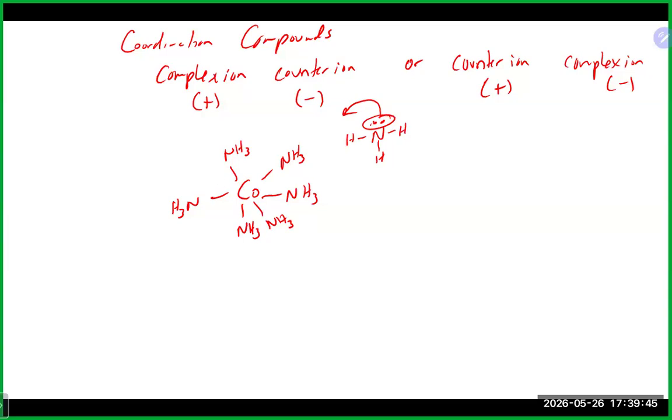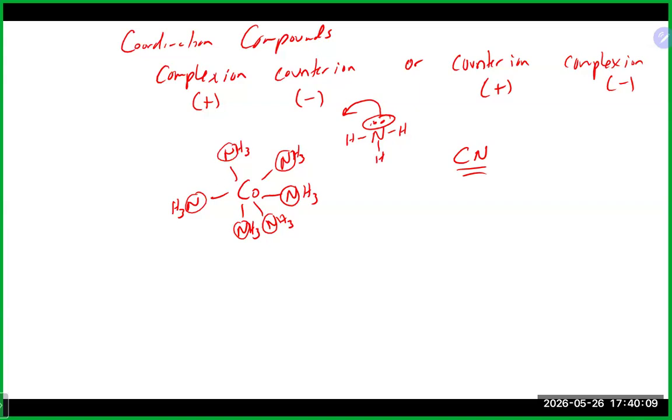That also led us to the idea of coordination number. Remember, coordination number is not necessarily just the number of ligands that are attached, but how many atoms are directly attached to the metal. In this case, the nitrogen in each of these ammonias is going to attach to the metal.